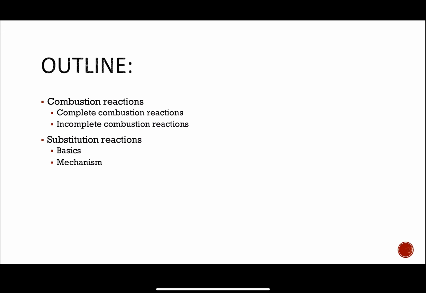Let's get into more detail. Combustion reactions can be subdivided into complete and incomplete combustion reactions, and the easier one is the complete combustion reaction. We have an example of propane reacting with oxygen, as the general word equation told us, to form carbon dioxide and water.